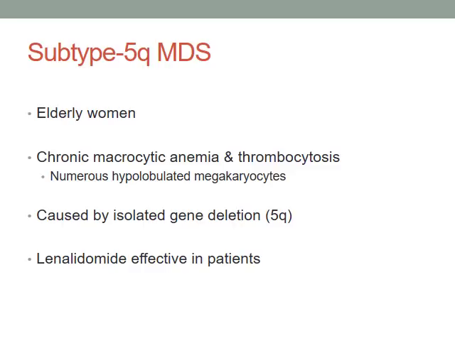This medication activates the degradation of casein kinase 1A and acts as a negative regulator of p53. p53 is the protein that regulates the cell death cycle, so it actually is a tumor suppressor. So the gene deletion is specifically targeted in the case of 5q MDS by lenalidomide.